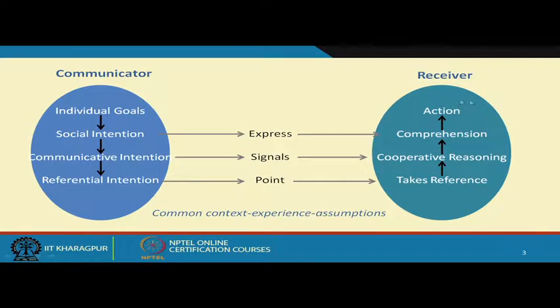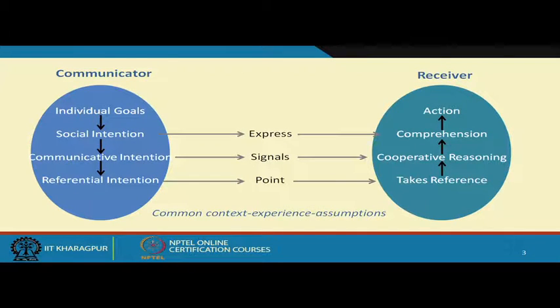So, now his comprehension, his reasoning is mapped with what has been expressed in this particular poster, and hence that whole thing will make the receiver take some action. In this case, he will join the program. That is where the success of your poster lies, that this particular individual, after looking at your communication design, takes an action which is intended.